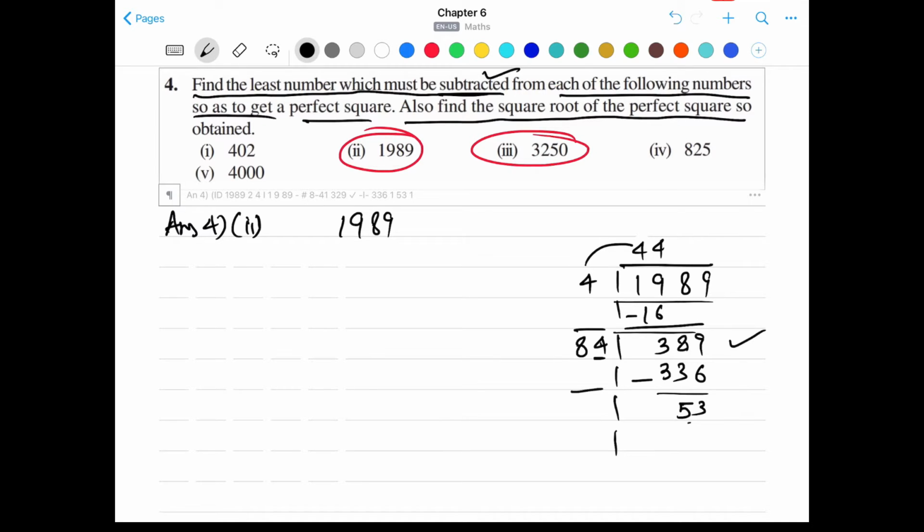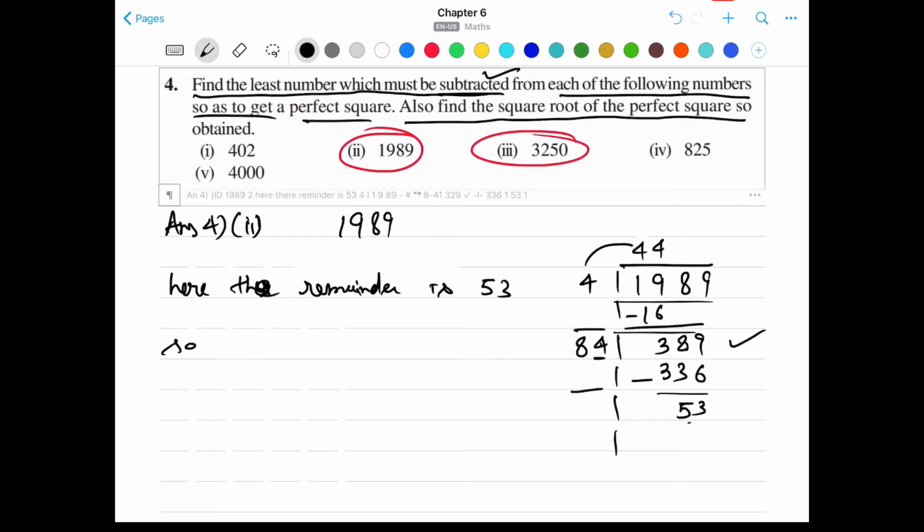So now we write here: the remainder is 53.